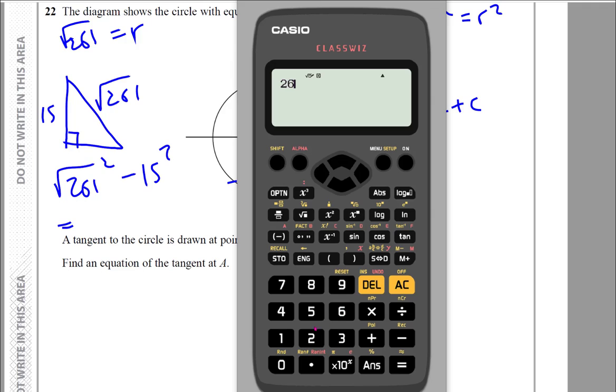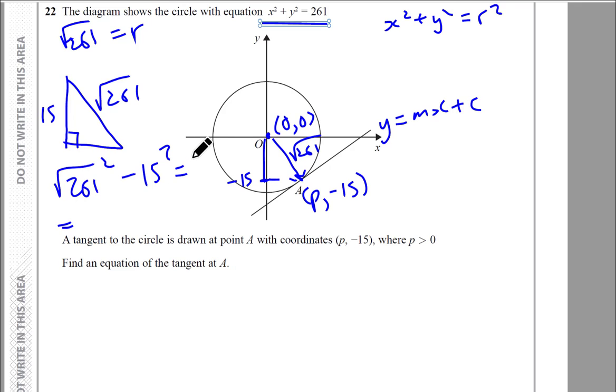So actually let's just do 261 minus 15 squared, which I know is 225, equals 36. Square root that answer, which I know is 6. So the square root of 36 equals 6. So p is 6. Because that's how far that length here to here is.